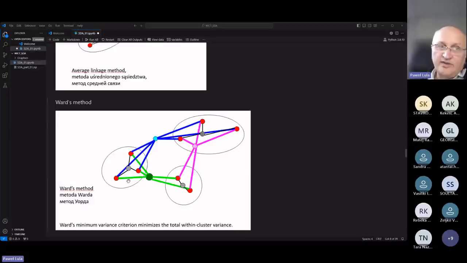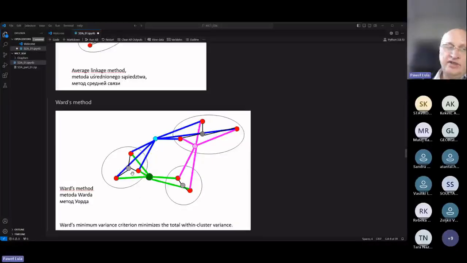It is related to variance. First, we should calculate a variance value for every cluster. It is within cluster variance. So a variance which is related to objects which are in the same cluster. How to calculate it? For every cluster, we should identify a point which is in the center of this cluster. These points, which are called centroids, are represented here by these gray objects.